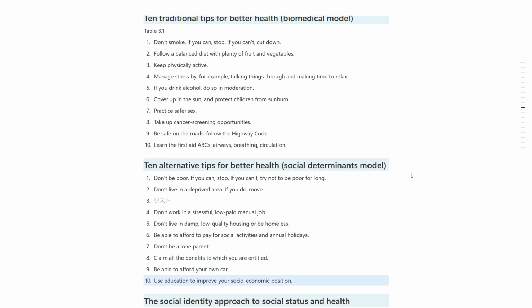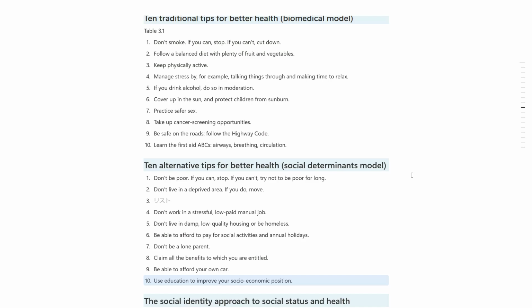So these 10 tips are based on the findings that lower status tends to be related to poor health. In order to avoid poor health, these tips basically argue that you shouldn't be poor. So you should avoid being in a low status.